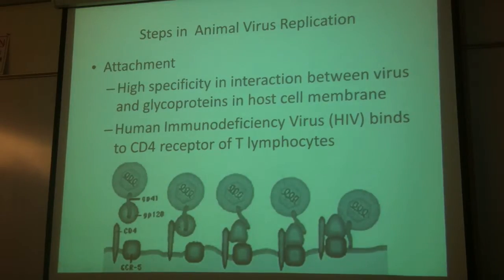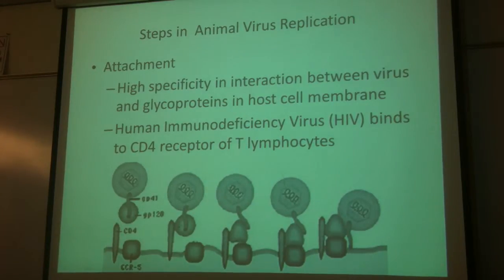With animal virus replication, it gets a little trickier because we have so many different types of cells. It's not like it's just a bacterium that it's trying to infect. In attachment, there's a highly specific interaction between the virus and the glycoproteins in the host cell membrane.